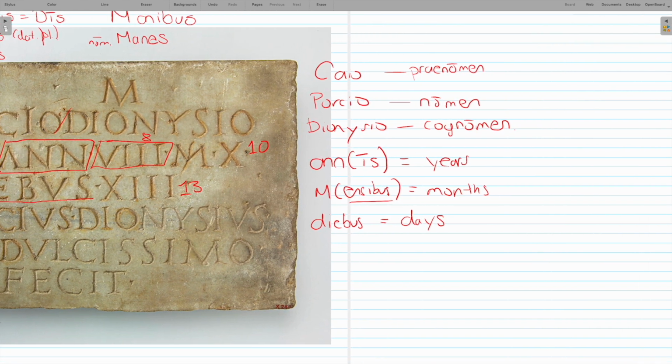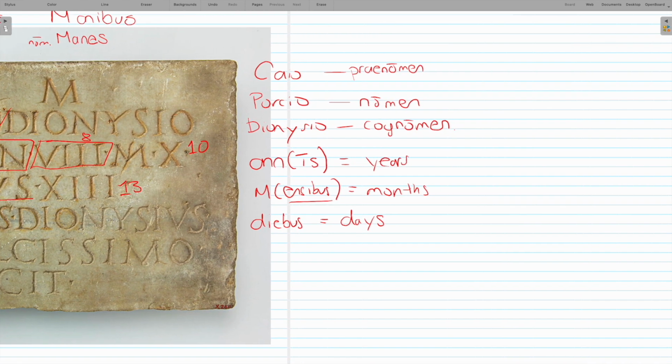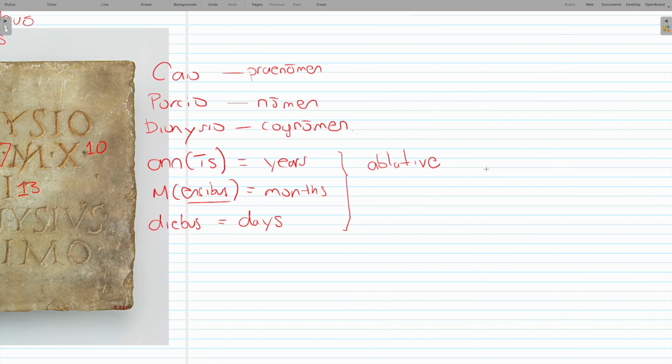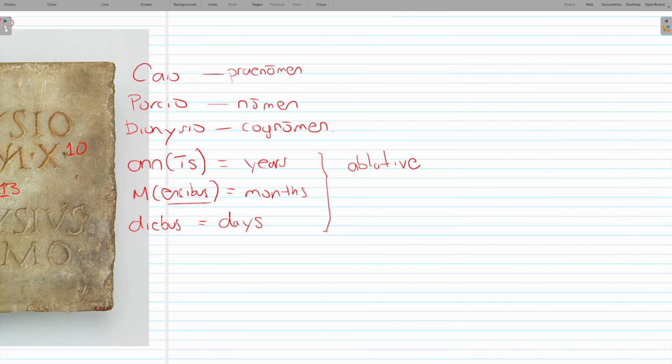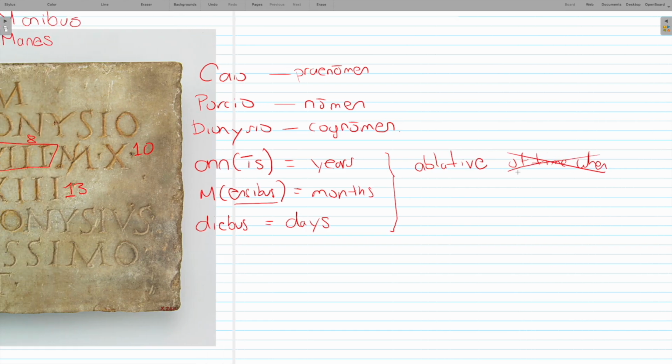Now, these words here, annis, mensibus, diebus, what's the case here? Maybe you can see that from the endings already, but the case is the ablative. And the ablative usually is used to say when something happens. So the common way of using the ablative with time is the ablative of time when. But in this case, that's not the purpose here.